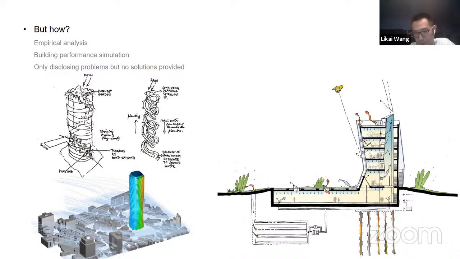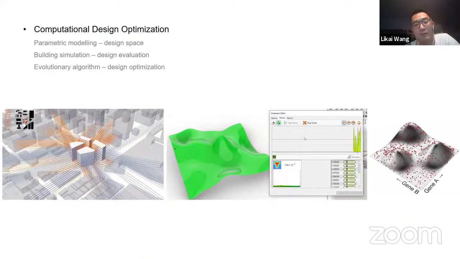However, when we use building simulation, we usually just find problems in the architecture design or drawbacks that may have a negative effect on building performance. The building simulation cannot provide us the solution for the building performance challenge.